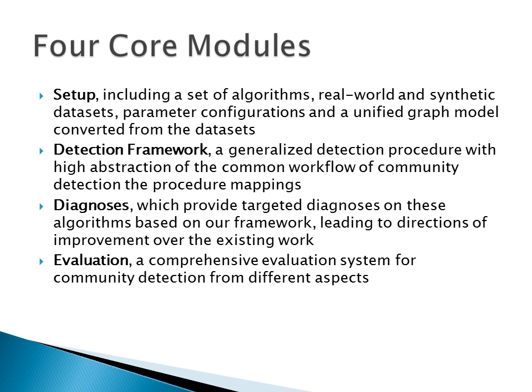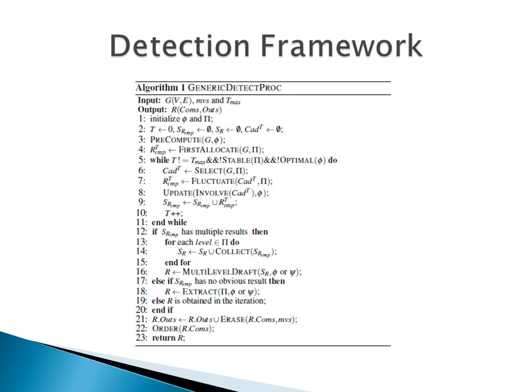After that is diagnosis, which provides targeted diagnosis of these algorithms based on their framework, leading to directions of improvement over the existing works. And the last one is evaluation, which is a comprehensive evaluation system for community detection from different aspects.